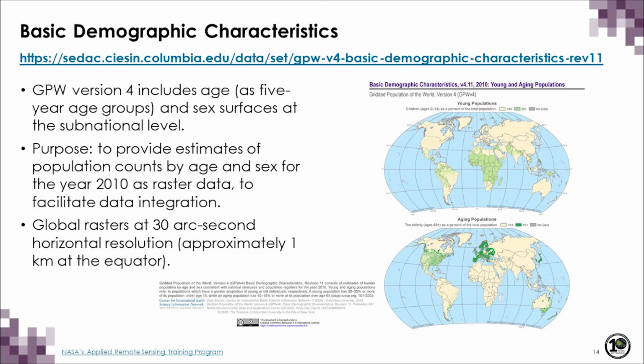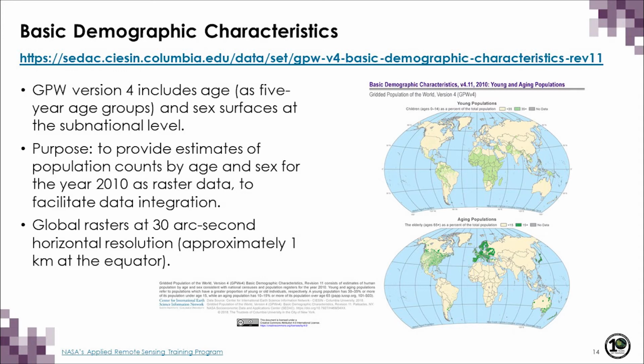The purpose is to provide estimates of population counts by age and sex for the year 2010 as raster data to facilitate data integration. The data is presented as global rasters at 30 arc-second horizontal resolution, approximately 1 kilometer at the equator, one raster for each age group and sex.